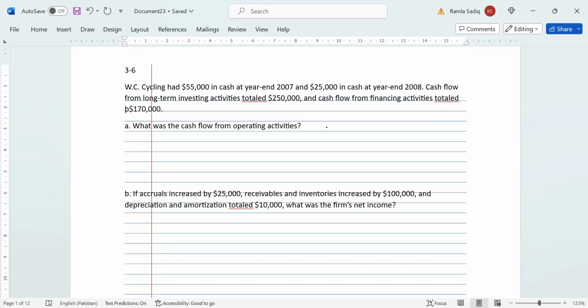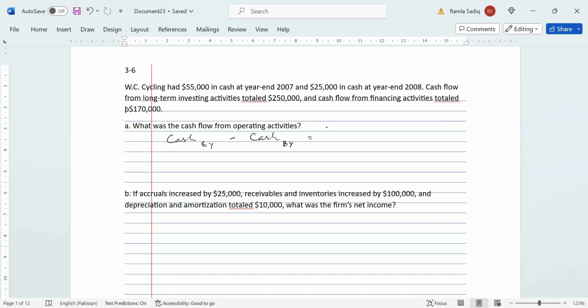To determine the change in cash, we calculate the difference between cash at the end of the year minus cash at the beginning of the year. My apologies, it should be cash at the end of the year minus cash at the beginning of the year. This is what will tell us what our change in cash was.